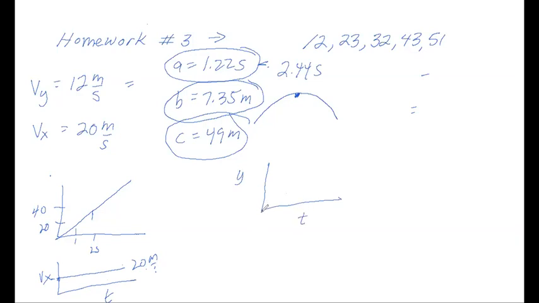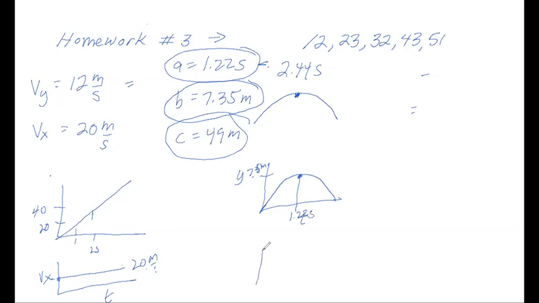All right, for my y versus t, it's got an acceleration, so it's going to look like this. It's going to go up and reach a maximum and then start going down. And what did we determine that maximum was? 7.35 meters, I believe. And that occurs at 1.22 seconds.